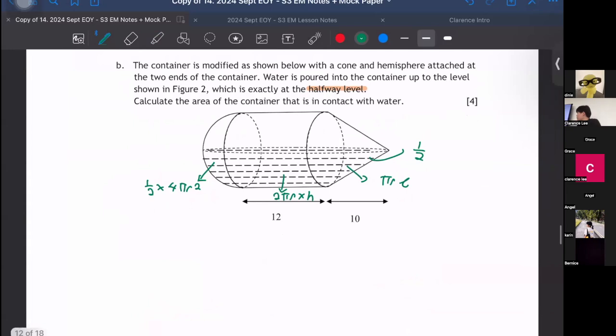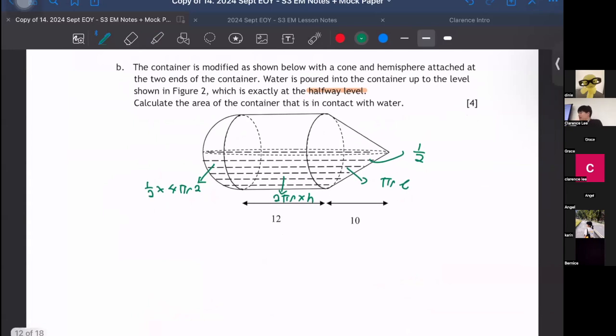So first thing first, what I need to find for my cone is my slanted height. Just now I talked about slanted height already. It's not the same as my height. So I know my height is 10. My radius in the previous portion tells me that it's 8.9220. So therefore, L squared will be equal to 8.9220 squared plus 10 squared. This is what we call our Pythagoras theorem.